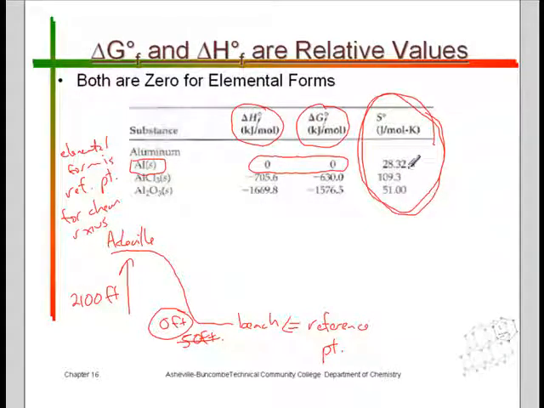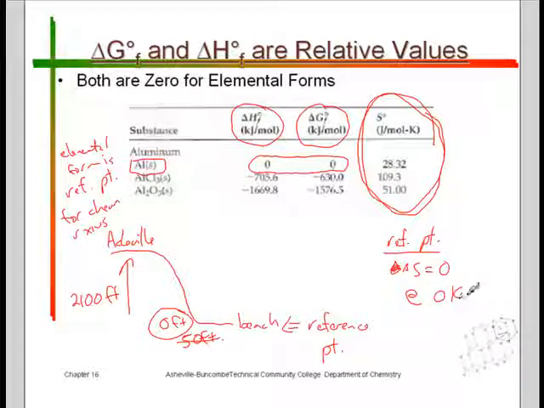Actually, the reference point here is 0 entropy at 0 Kelvin. So the reference point for entropy, delta S, is 0 at 0 Kelvin. And again, that's leading into the absolute temperature scale. That's leading into the second presentation.